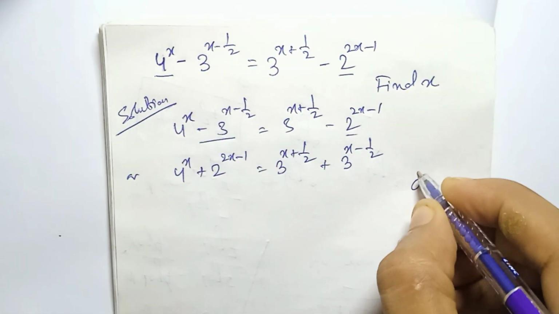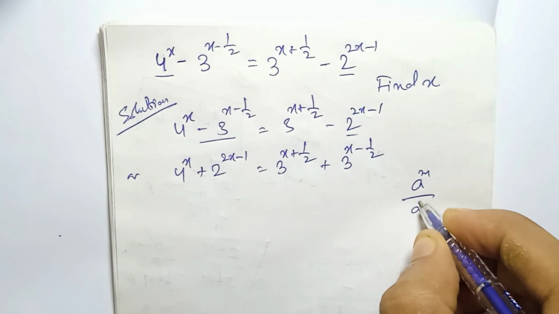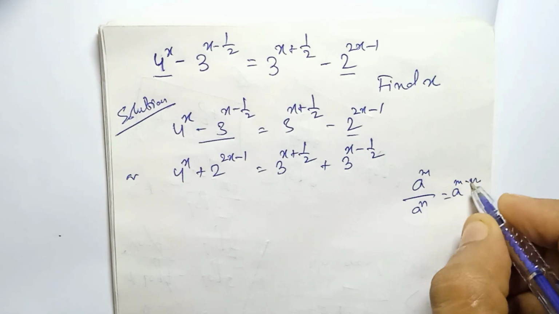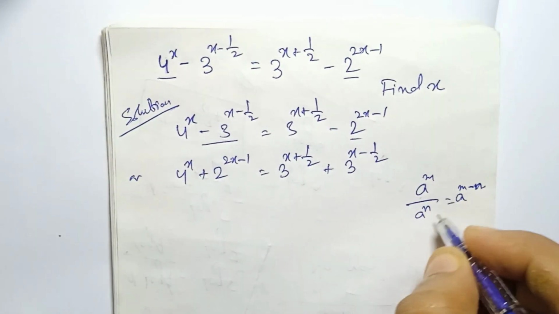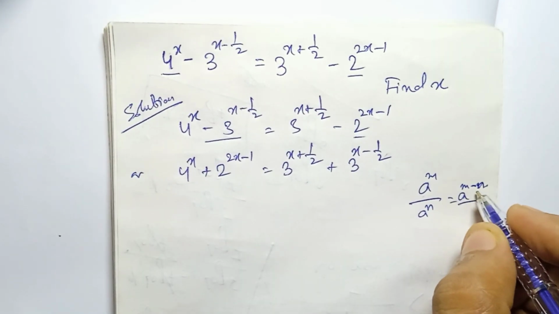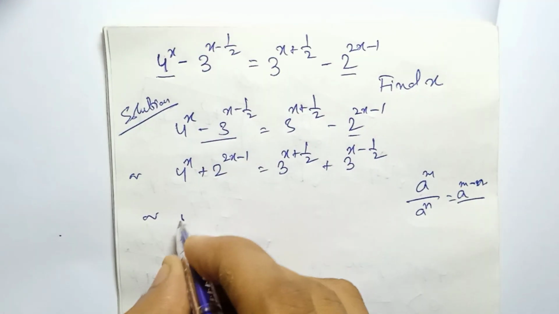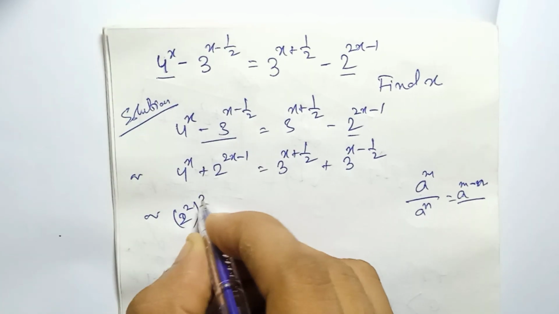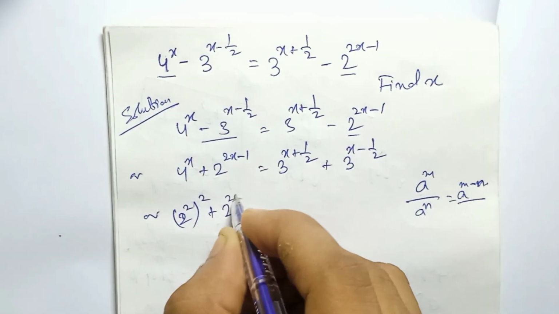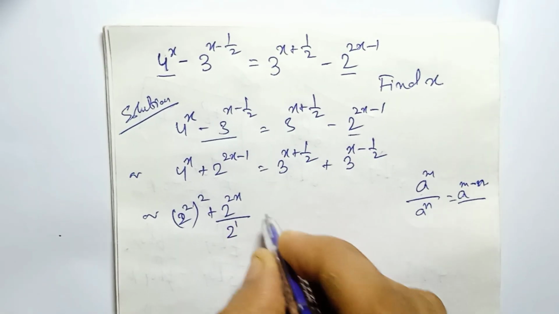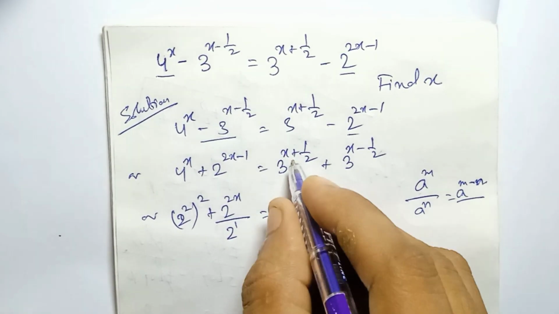We know that a to the power m divided by a to the power n, we can write it as a to the power m minus n. Okay, base is same but the power is different, so we can write it as a to the power m minus n. So here 2 to the power 2 whole square plus 2 to the power 2x divided by 2 to the power 1 is equal to the same.